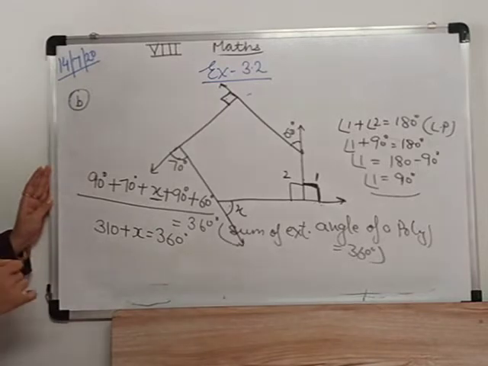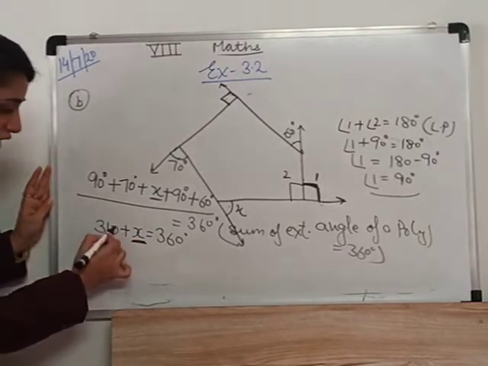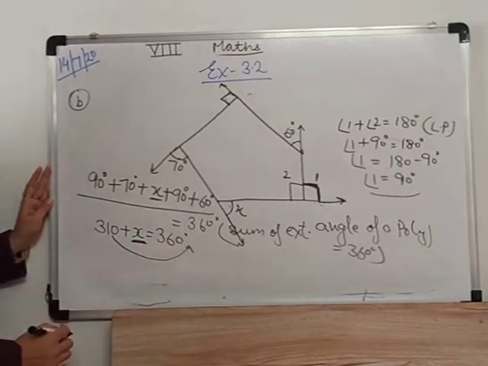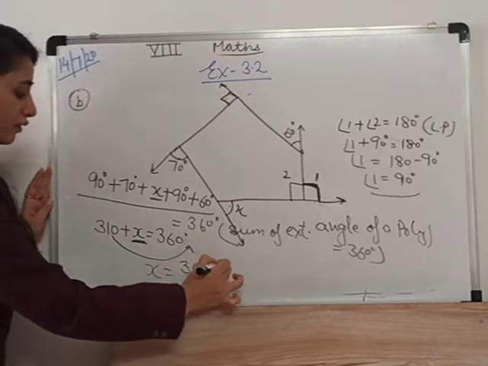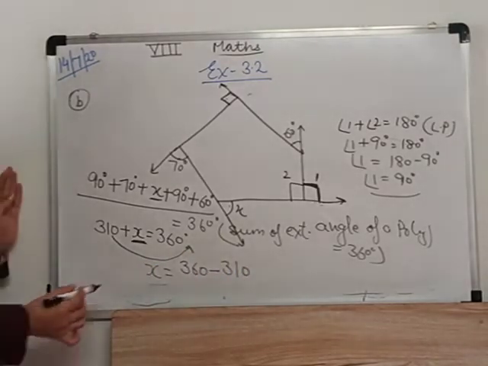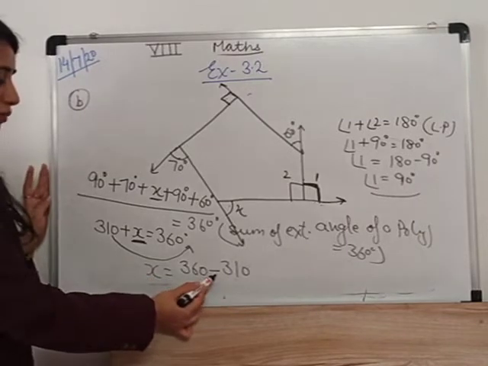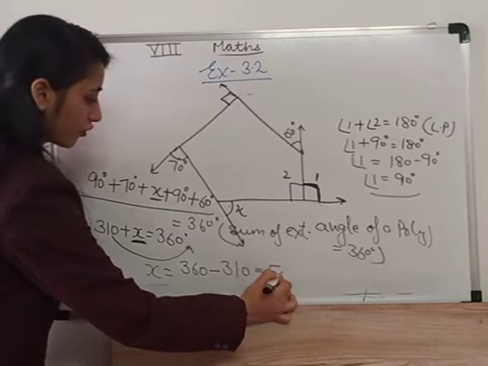Understood? Now find the value of X. Shift 310 to this side. It comes to the right side with a negative sign by using the transposing rule. X is equal to 360 minus 310, which is 50 degrees.